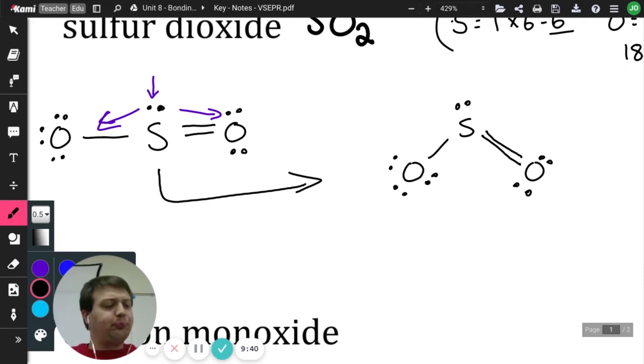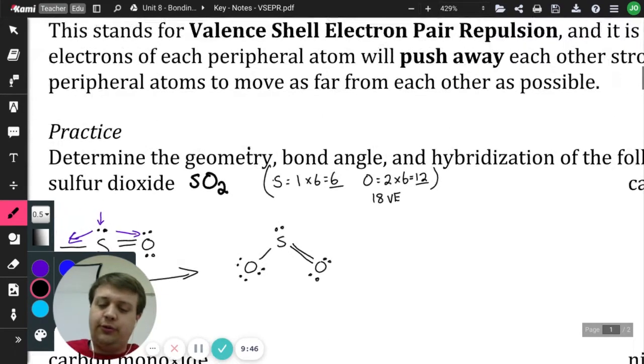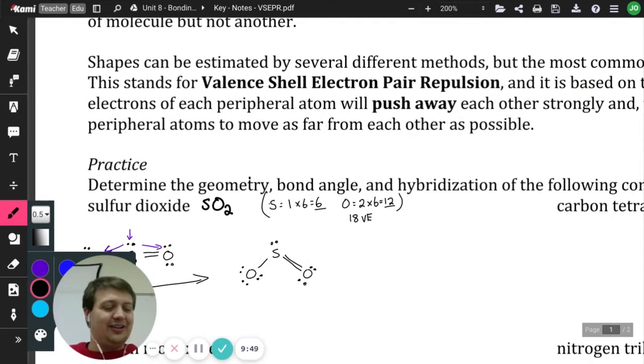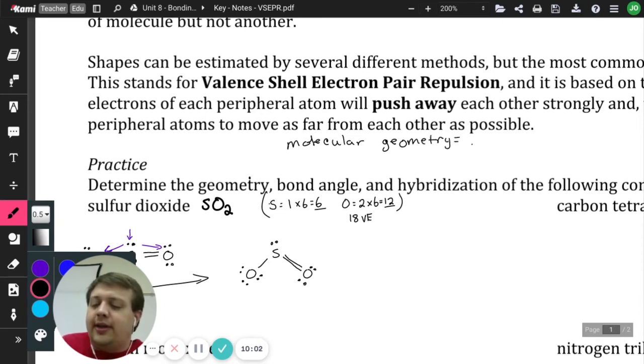Okay? So let's actually write out what we've got. First off, I'm going to make a little key up here at the top to make it a little easier for us. If I'm talking about the molecular geometry, I'm just going to say that is MG.